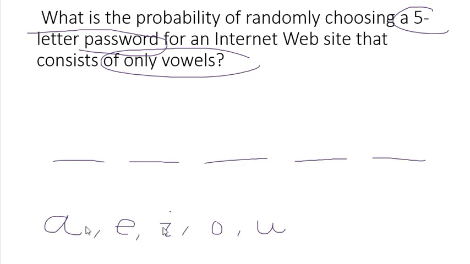So for you to do that, how many choices are there for the first one? There's 5. For the second one, another 5. Third is another 5. And 5 and 5. Please remember that you're not going to add them, but you are going to multiply them. So we have here 5 times 5 is 25.